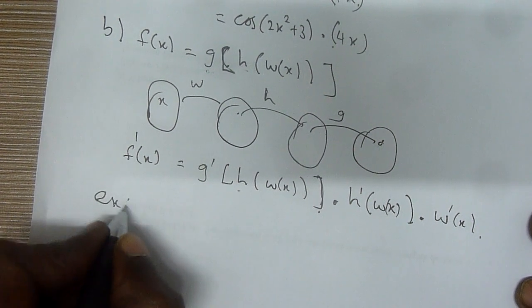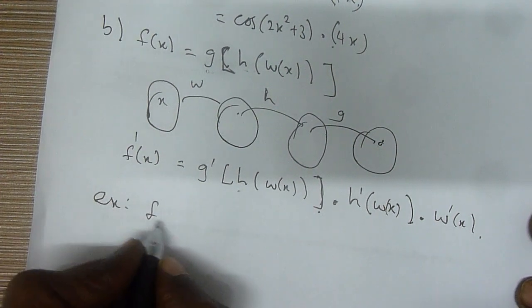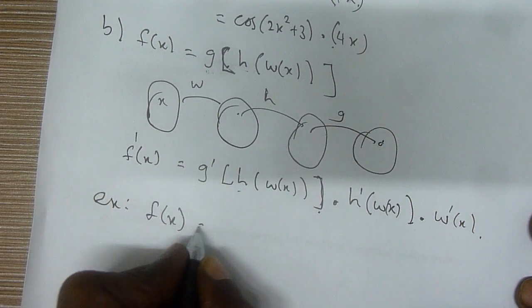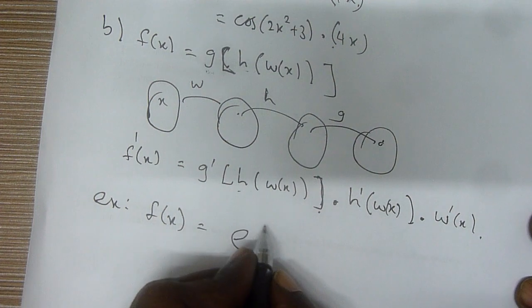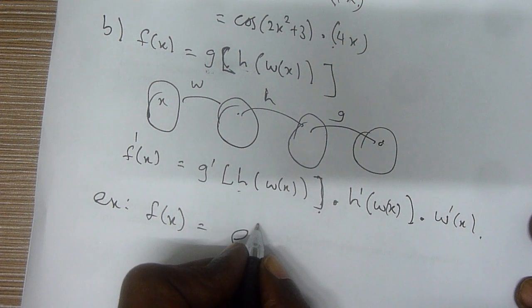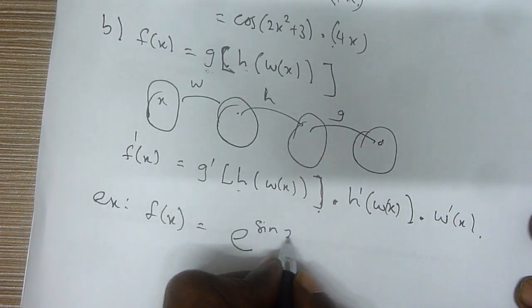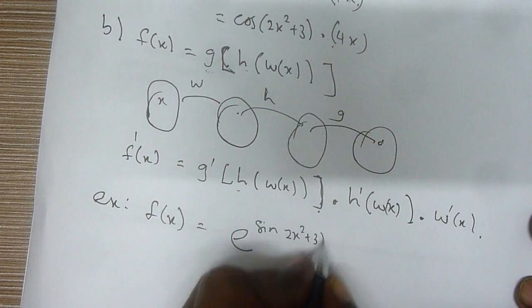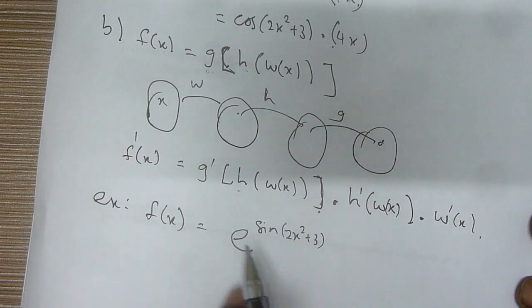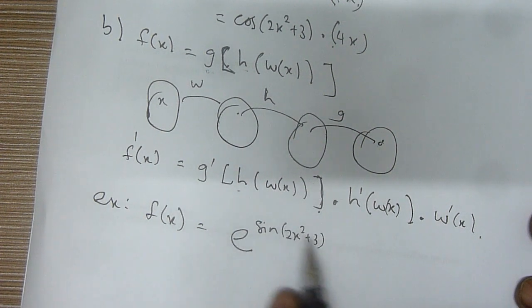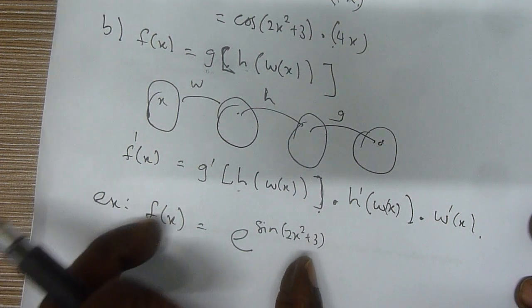Example: if f(x) equals e to the power sine, I just pick the same 2x² plus 3. I haven't moved into this level yet, but let you give a try.